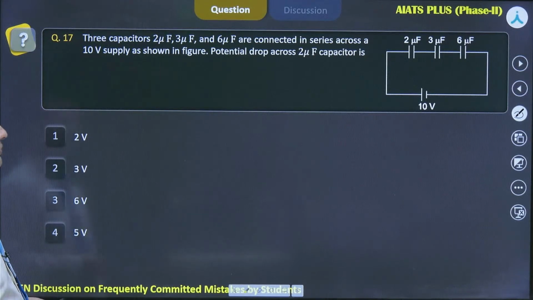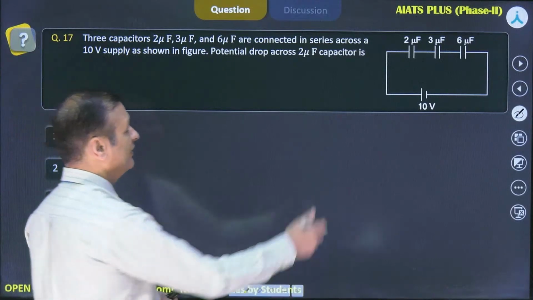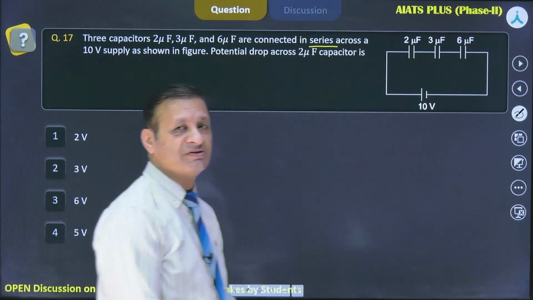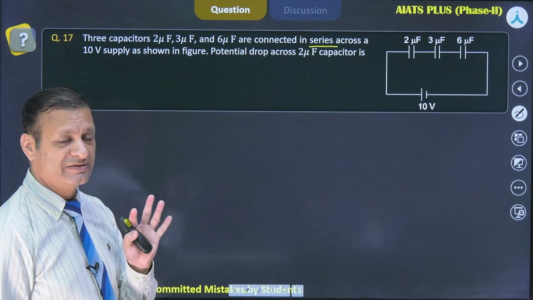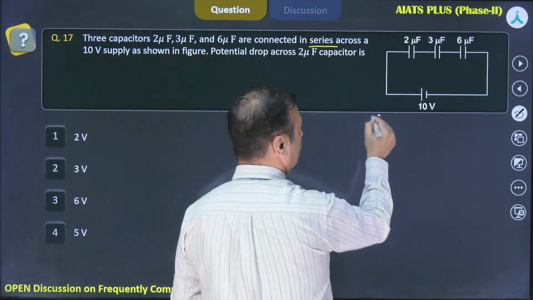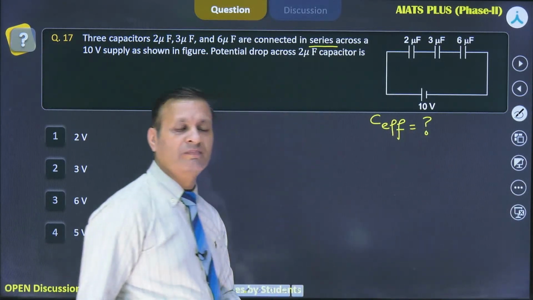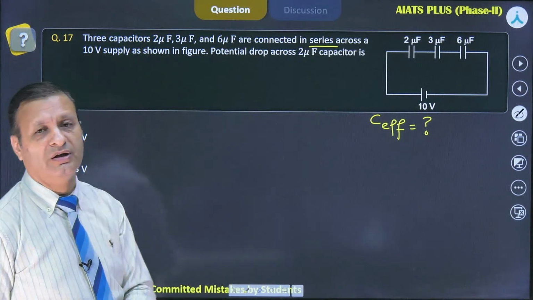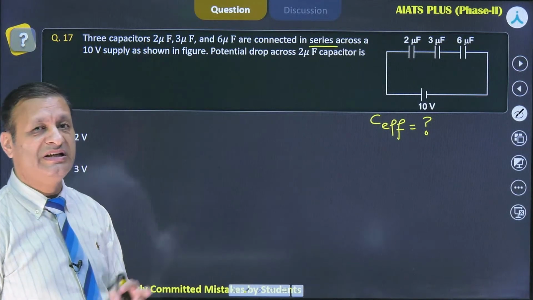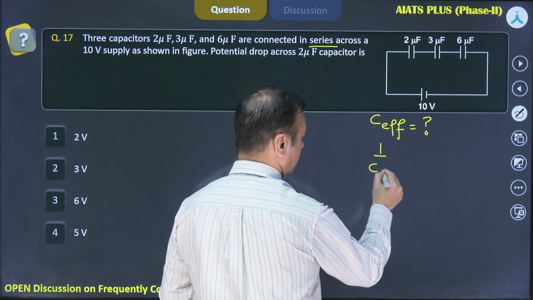3 capacitors, 2 microfarad, 3 microfarad and 6 microfarad are connected in series. So can you see all these 3 capacitors are connected in series. So when connected in series, how will you find out C effective? Before we read the rest of the question, let's check what is the C effective for the series combination.